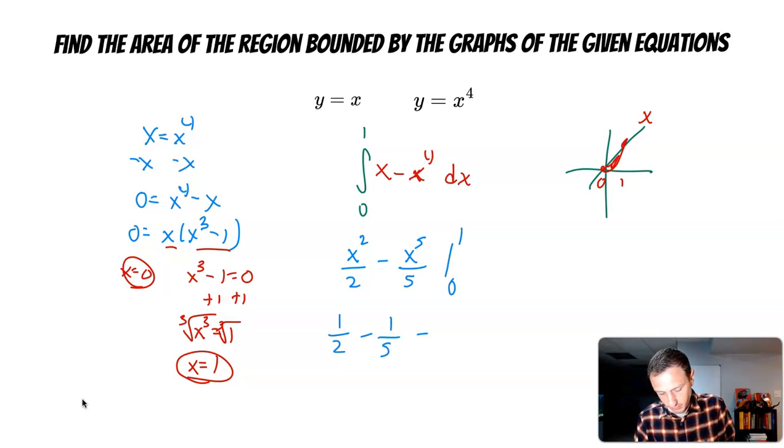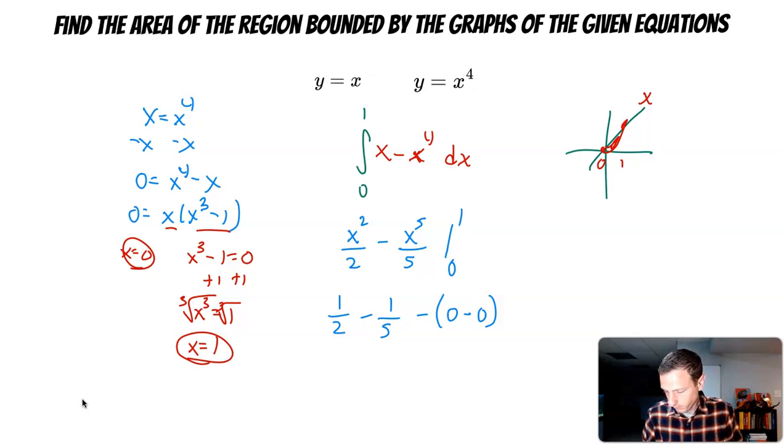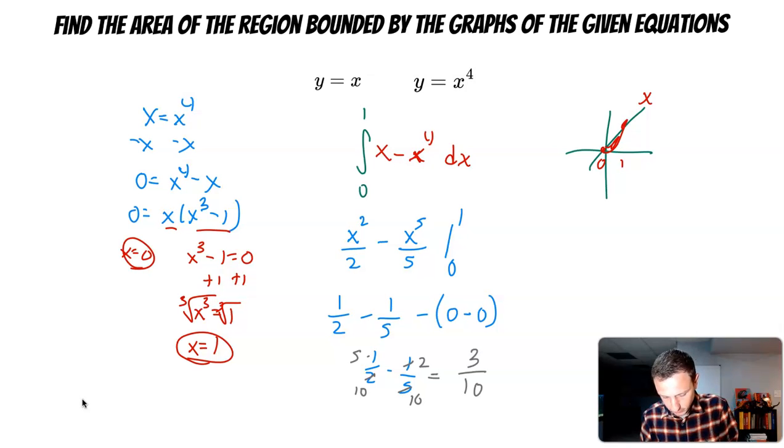And this is just going to be minus zeros all around, 0 minus 0. So we just have 1/2 minus 1/5 is pretty much all we're looking at here. So that's going to be 5 minus 2 over 10, so 3/10.